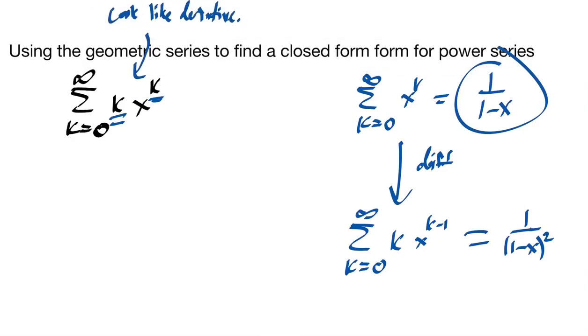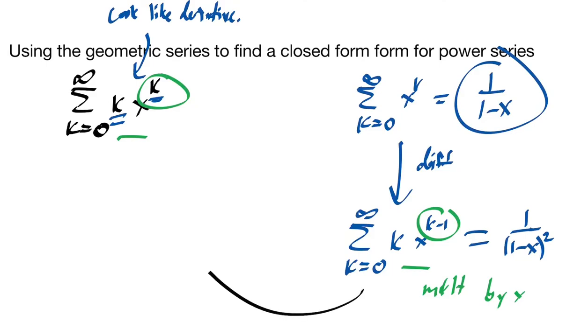Okay, but now I'm really close because the only difference between this and this is the fact that I have a k minus 1 and this has a k. So all I have to do is multiply by x. And so I take this series and multiply by x times x, and what do I get?